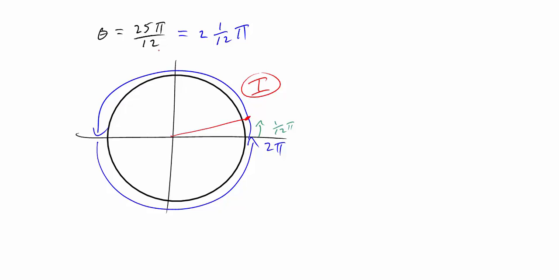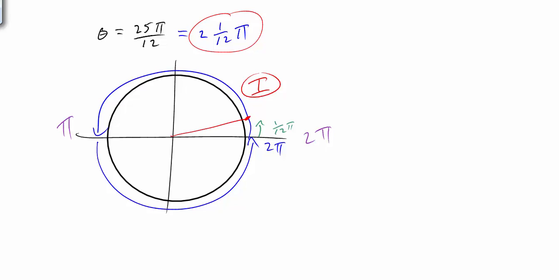Now, in that previous video where we went through pi over 4, pi over 3, pi over 6, those are your common special angles, and you definitely want to be very familiar with those. But for these other ones with different denominators, such as pi over 7 or 25 pi over 12, think of these values as mixed numbers. We know where 1 pi is located, and where 2 pi is located, so from there we can determine how far to go around the circle.